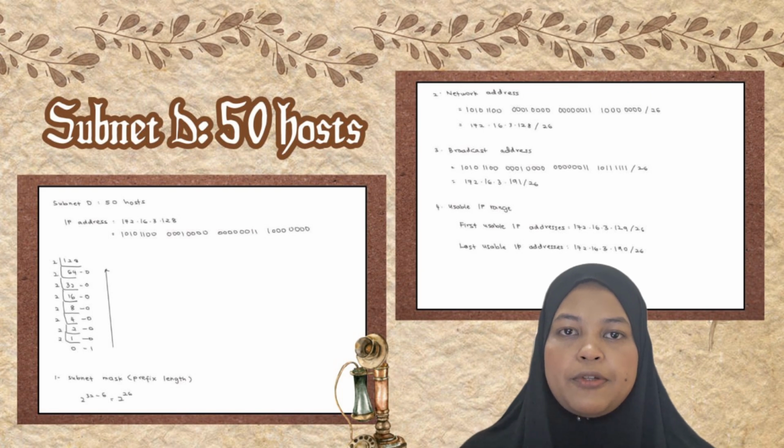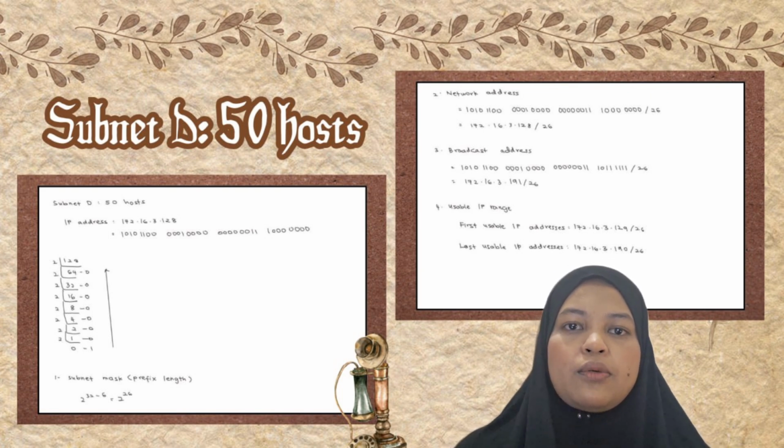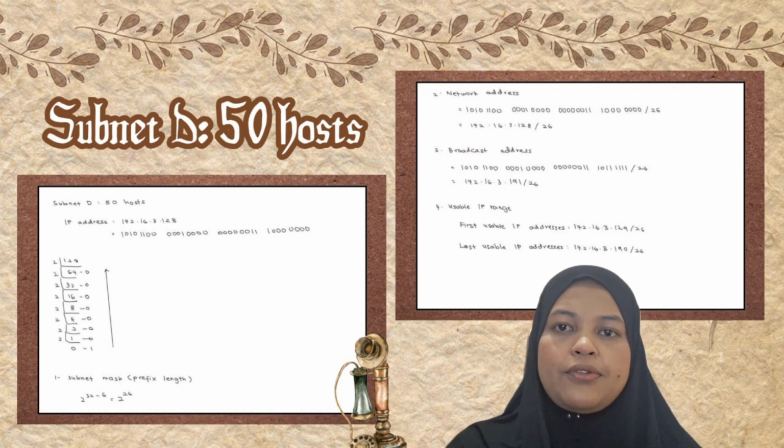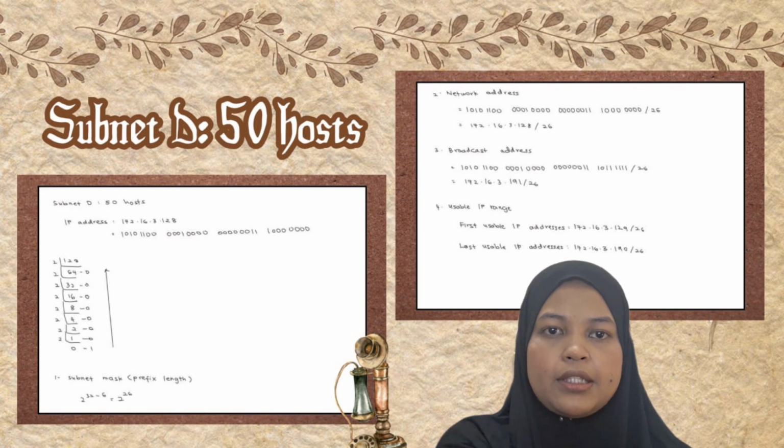After calculating the prefix length, I get 26, and then we can go through to the network address and also the broadcast address. Because the prefix length is 26, we have to keep the first 26 bits and change the rest of the bits to zeros. The answer is 172.16.3.128/26.